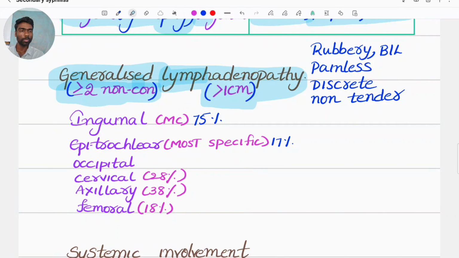Everyone knows how a lymph node will be in syphilis: rubbery, shotty, painless, non-tender and discrete. One lymph node will be separate from the other lymph node, nothing but discrete. Bilaterally symmetrical enlargement. Most common lymph node affected is inguinal, 75%. Most specific is epitrochlear.